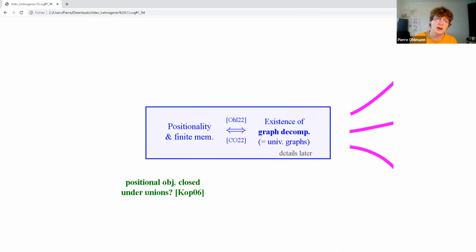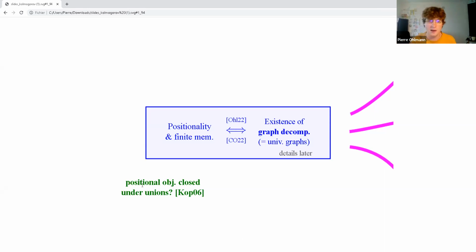The main open question on closure properties is whether positionality is preserved under unions. This is only asked for objectives that are prefix independent, otherwise it's known to fail. So is it the case that two objectives which are prefix independent and positional, their union is positional?